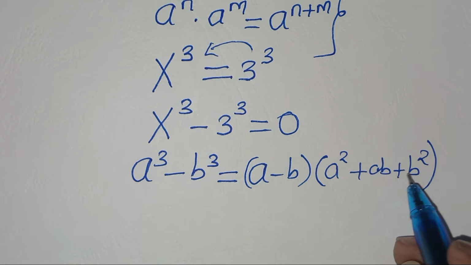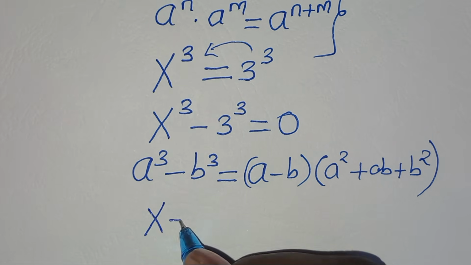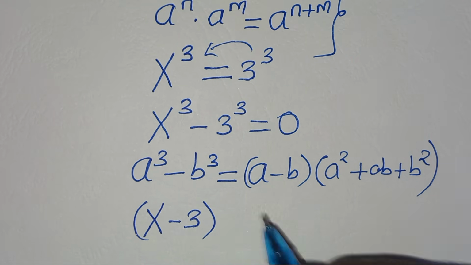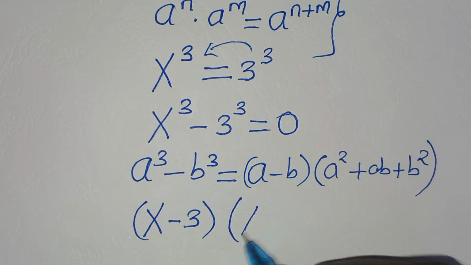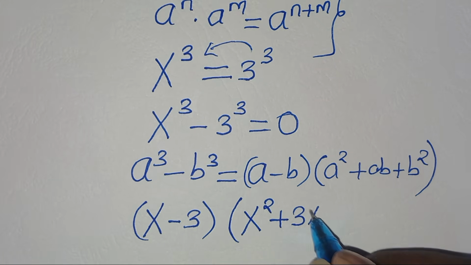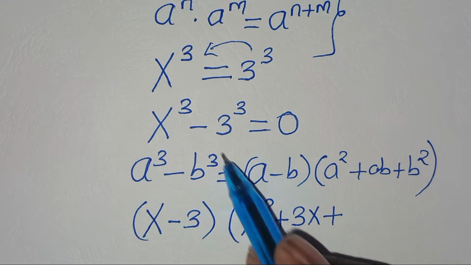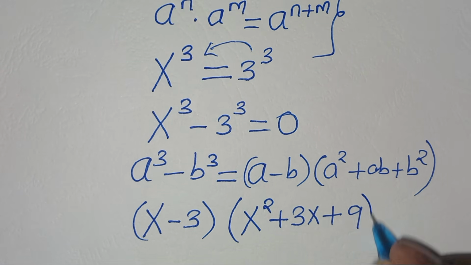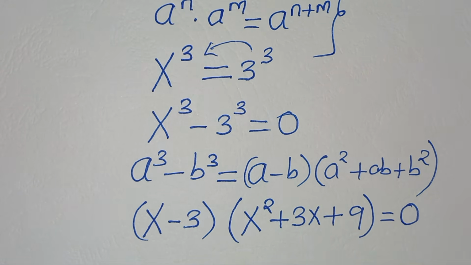Applying this identity, we have x minus 3, then x to the power of 2 plus 3 times x, which is 3x, then plus 3 squared, which is 9. Then this is equal to 0.